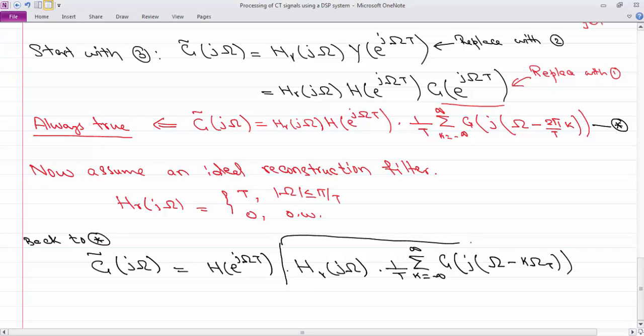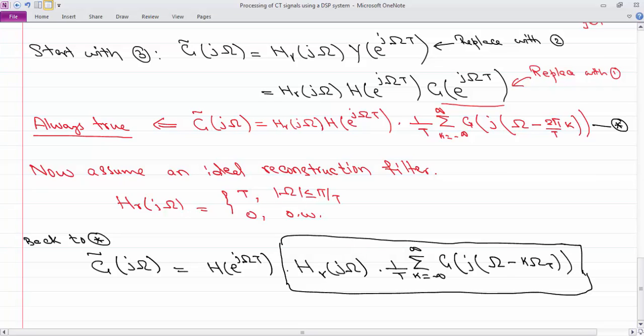Now, if you remember, this is my reconstruction formula. This is what we obtain when we are going from discrete time to continuous time.